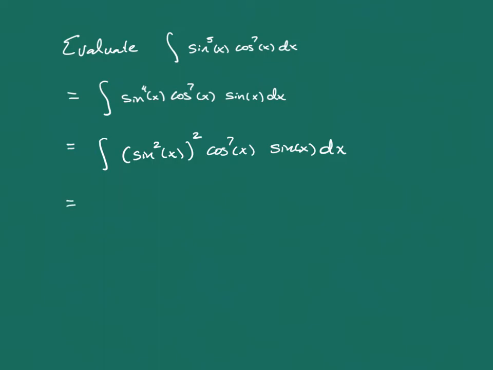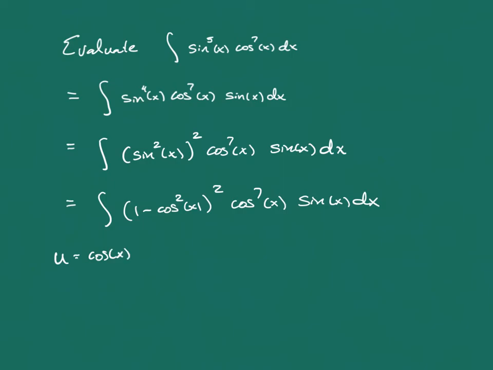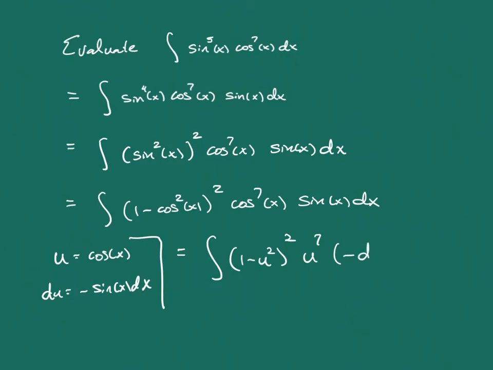And then using our trig identity, this becomes 1 minus cosine squared, squared, cosine to the seventh times sine of x dx. So with a u substitution, with u being cosine and du being minus sine of x dx, this integral becomes the integral of 1 minus u squared, squared, u to the seventh power times a minus du.